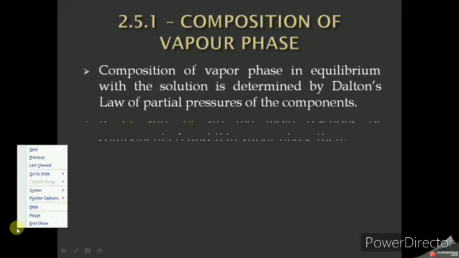Next is the composition of vapor phase. The composition of the vapor phase in equilibrium with the solution is determined by Dalton's law of partial pressure of the component.